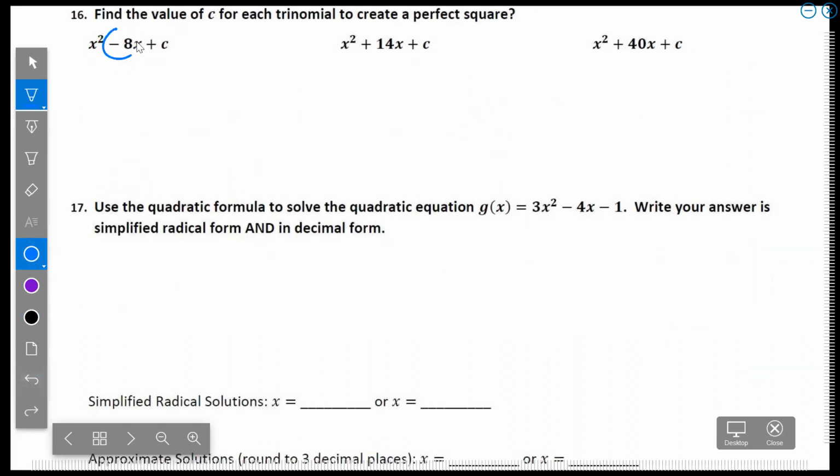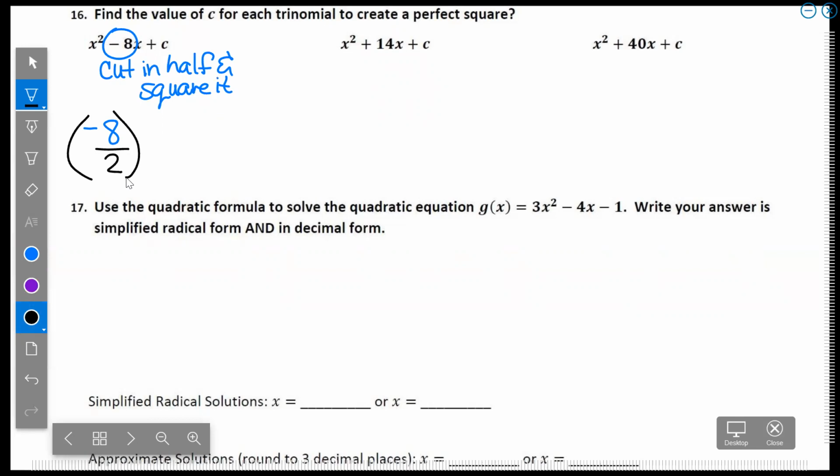To create a perfect square, we will cut it in half and then we will square it. So I'm going to take -8, cut it in half, and then square it.